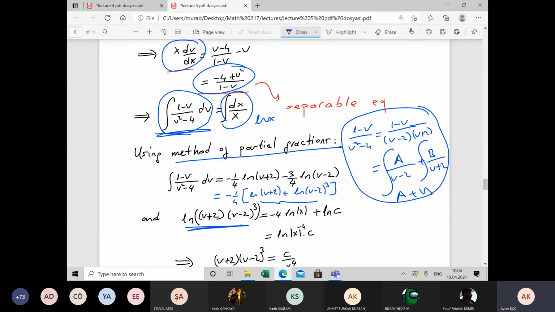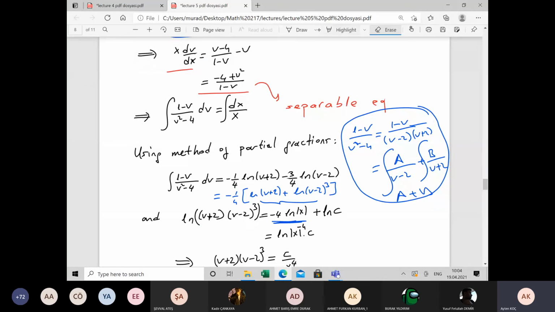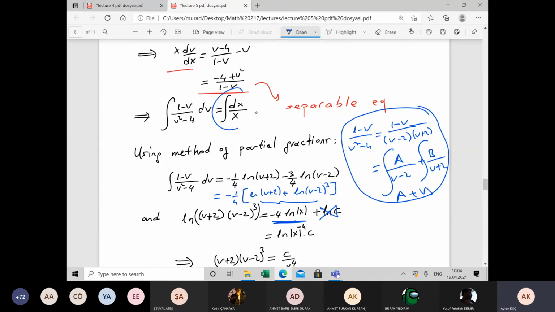And so this integral plus constant, plus c, and this integral gives ln x plus c. But I think it will be better to take not c, but ln c, write ln c. It will be better.